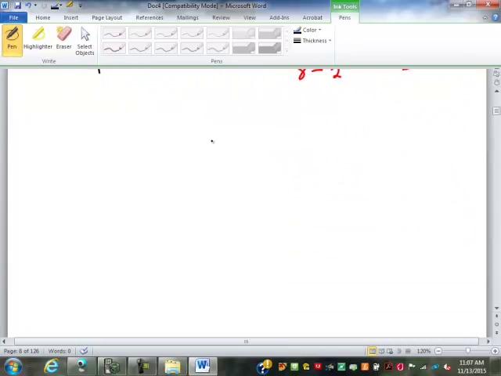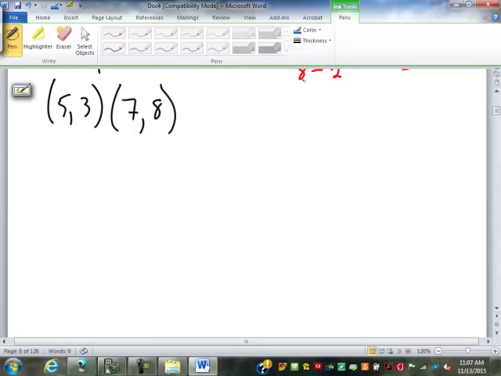So let's look at one where we're just given the coordinates and not given the graph. So again, I'm going to call this point 1 and point 2. Well, it's y2 minus y1. So what is y2 here? Point 2, y coordinate is 8, minus y1, so point 1, that's the 3.